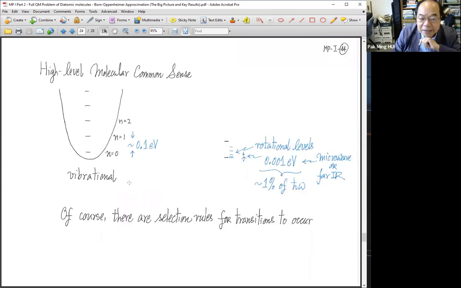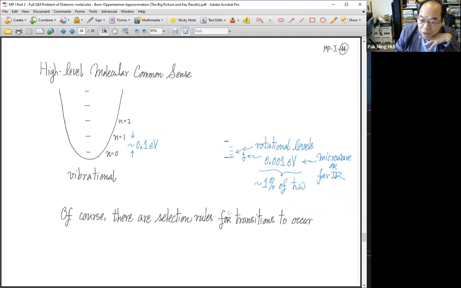So a common sense is that the vibrational energy difference, h bar omega, is usually in the ballpark of infrared. You know, visible is something like 1.5 eV to 3 eV. This is what our eyes can see. So you can imagine infrared is something like 1 eV or 0.1 eV. So this is the right ballpark number.